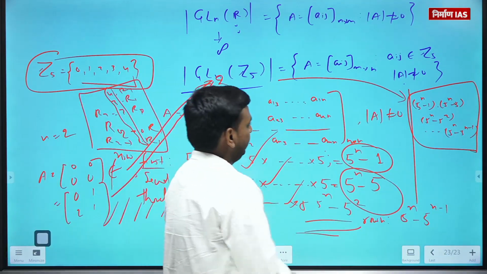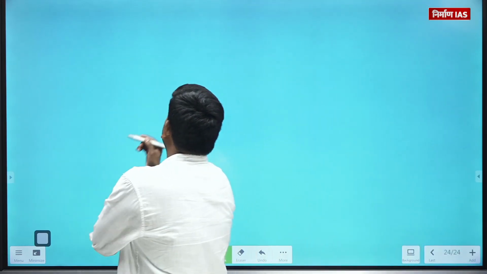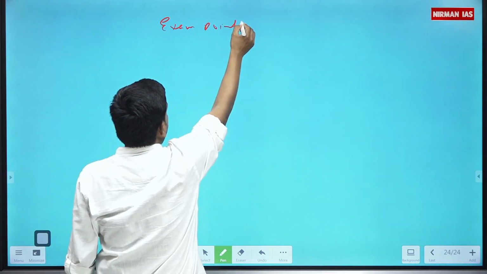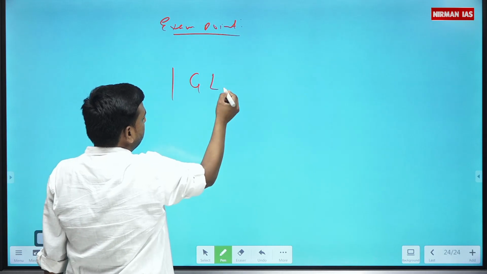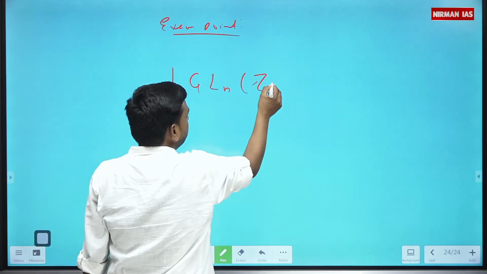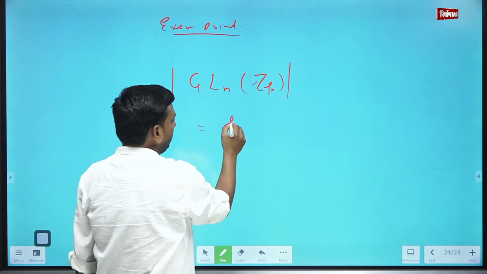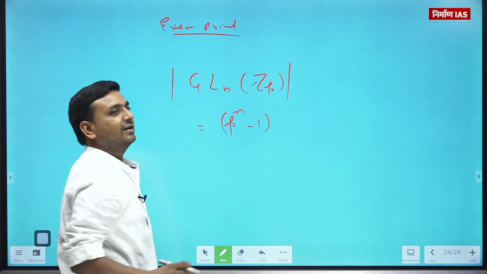Fine. So in this manner, you can discuss. In general, if you want to write for the exam, the cardinality of GLn(Zp) will be p raised to the power n minus 1 number of choices.